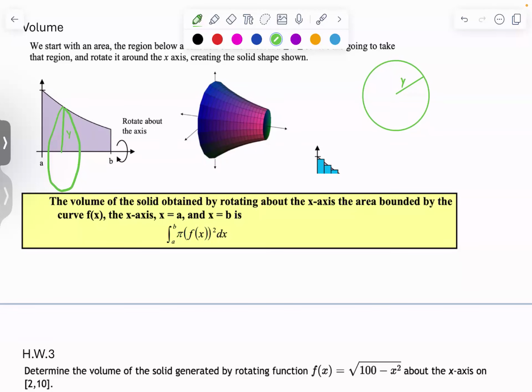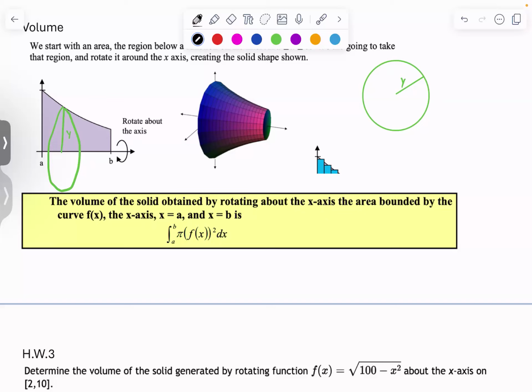And for this course, we're only going around the x-axis, which is nice. In other ones, we end up going around the y-axis. We end up with functions where x is described as a function of y, which gets even more confusing. And then sometimes it's not even around an axis, it's around some line. But we're going to keep ours nice and simple.